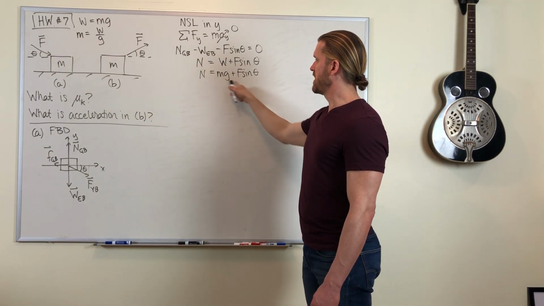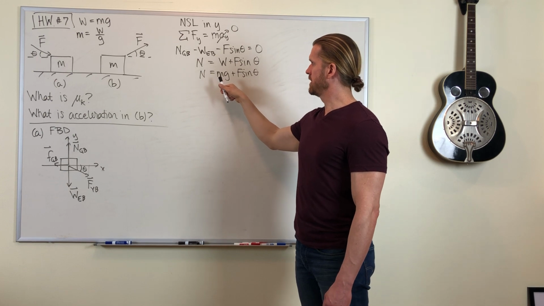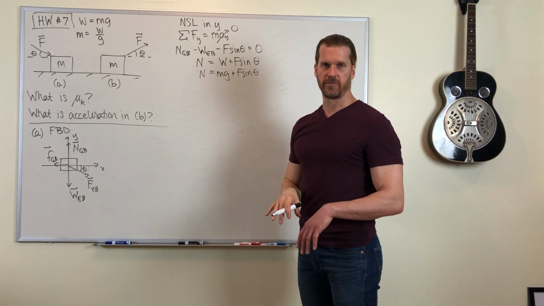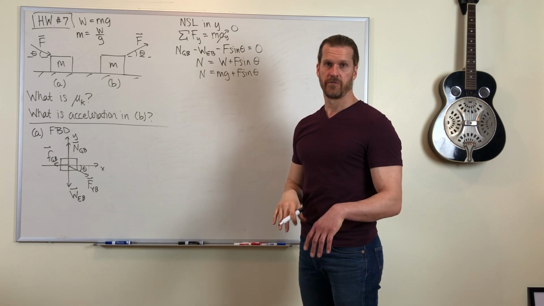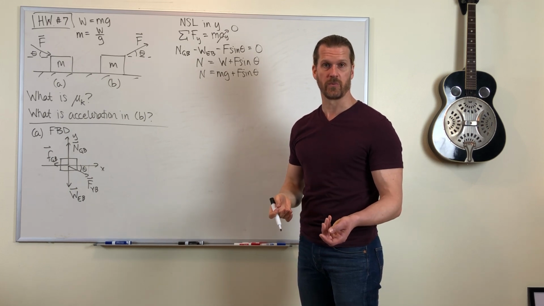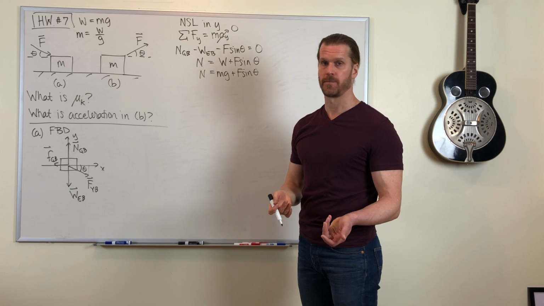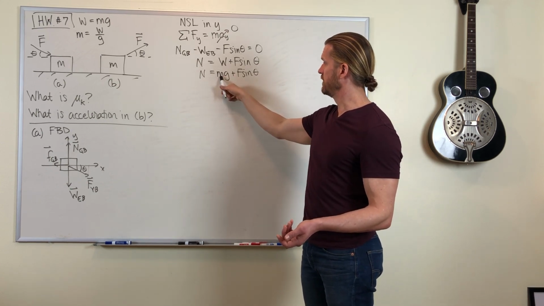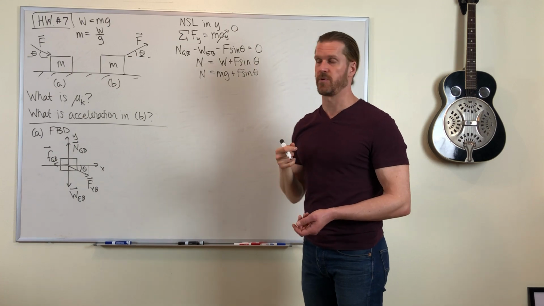Now something to keep in mind already, if you just have an object sitting on the ground, the normal force on the object equals its weight, mg. In this situation, the normal force is bigger than the weight of the box.